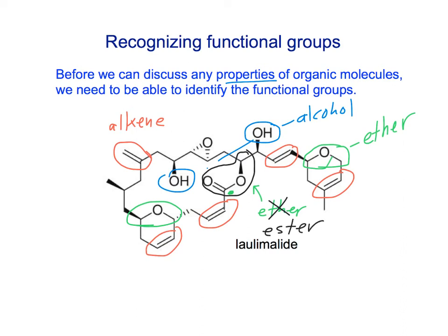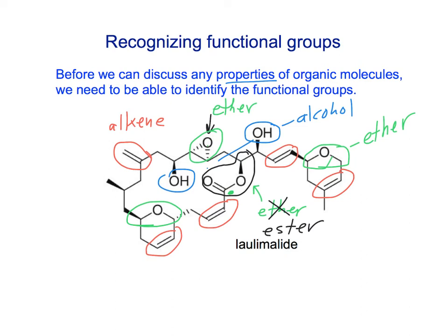All right, are there any other functional groups? Well, what about this one over here? All right, so this really has an oxygen. If we look at what that oxygen is connected to, it's connected to 2 carbons. All right, so this is another ether. Okay, so in laulimalide, we have alkenes, alcohols, ethers, and an ester.